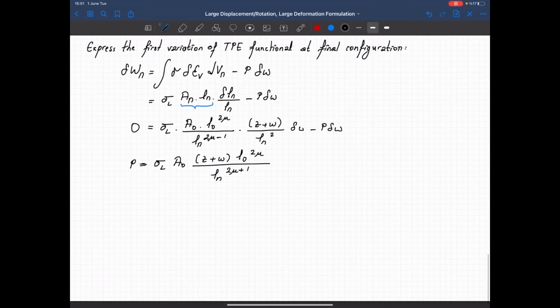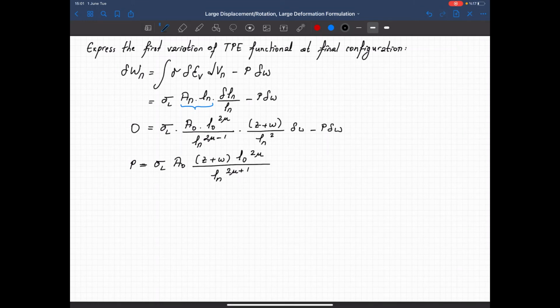Now, instead of stress, if you use elastic modulus times the strain, my final expression will have the following form.